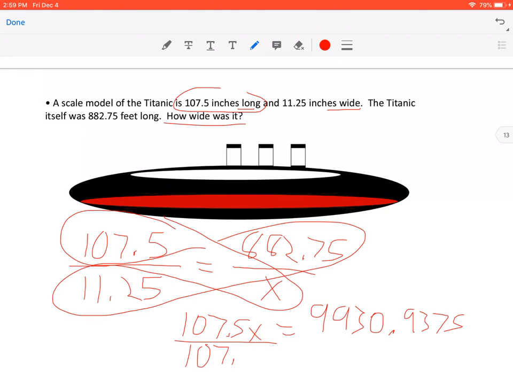Same stuff you did before. Now you're dealing with shapes though. So divided by 107.5. And it should be 92.38. All right.